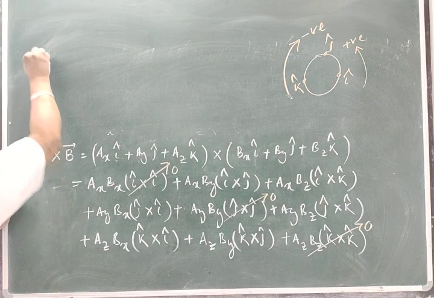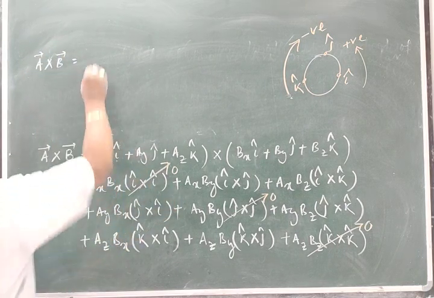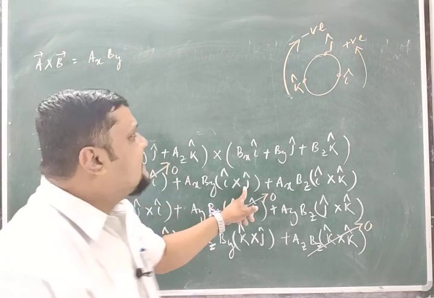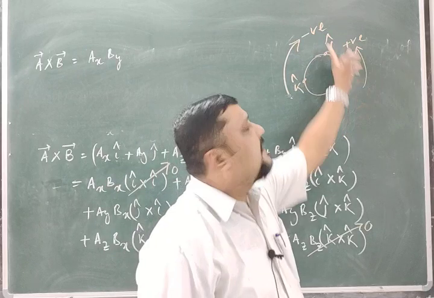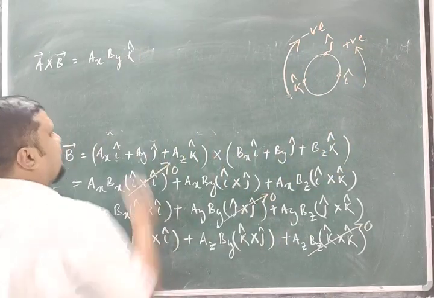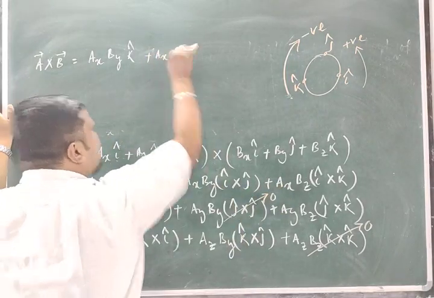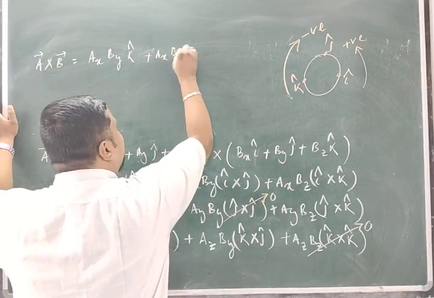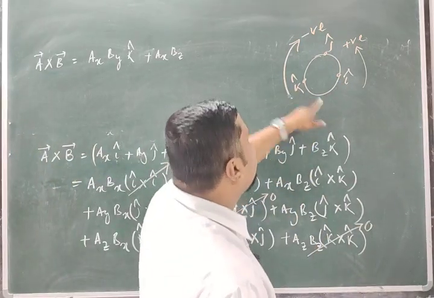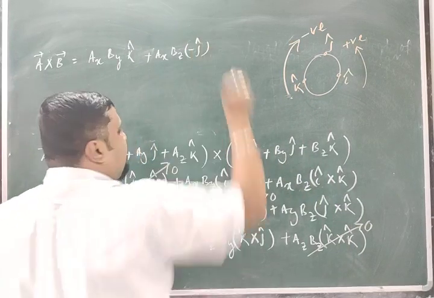A cross B is equal to, this is 0, ax by, i cross j anti-clockwise, so k cap. Now it is plus ax bz, i cross k, what? Clockwise, so this is minus j cap.